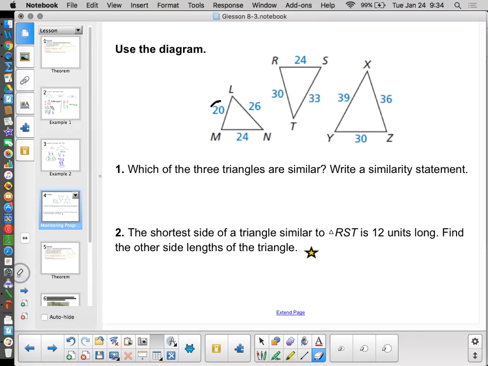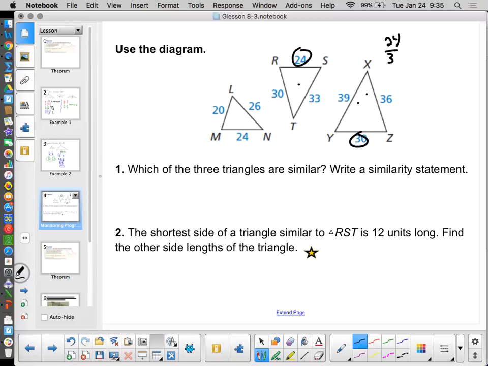Let's see if RST and XYZ are similar, these two. So again, I'm going to take short side to short side, 24 over 30. 6 goes into both of those, that's 4 out of 5. Medium side to medium side, that's 36 and 30.